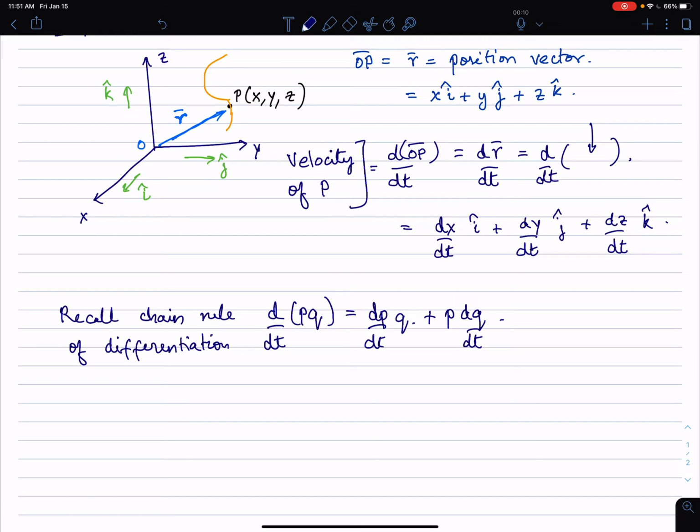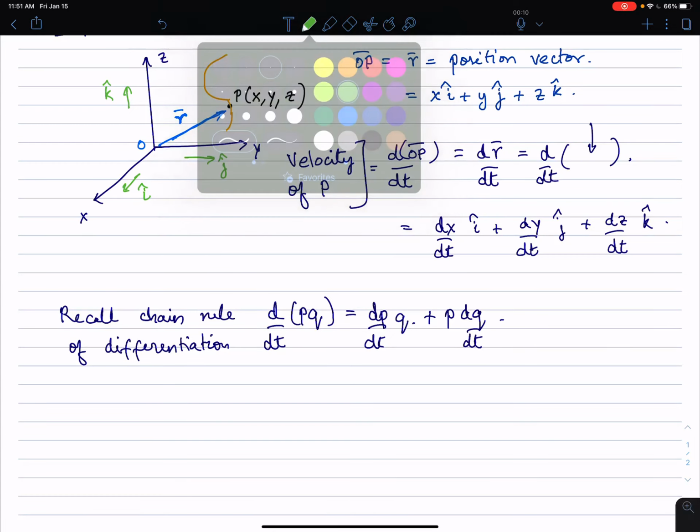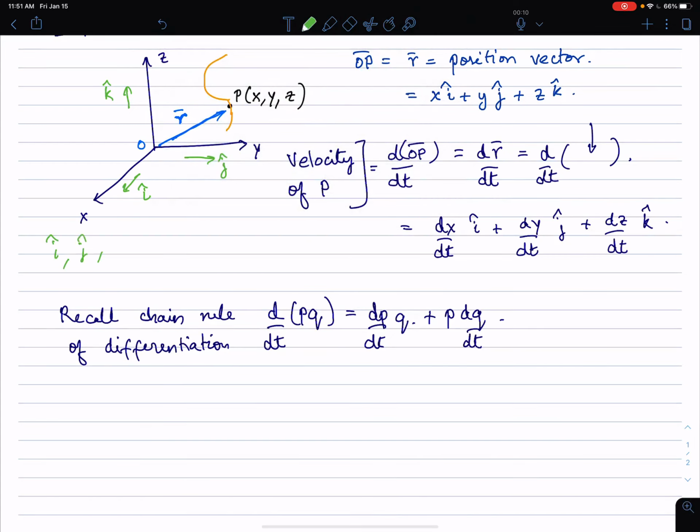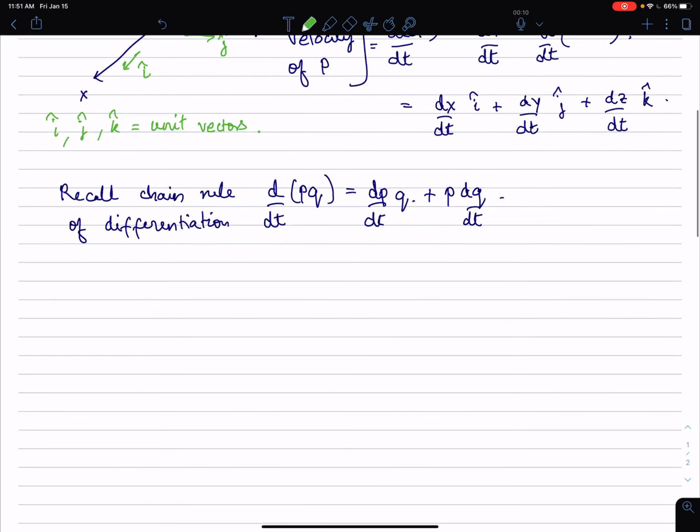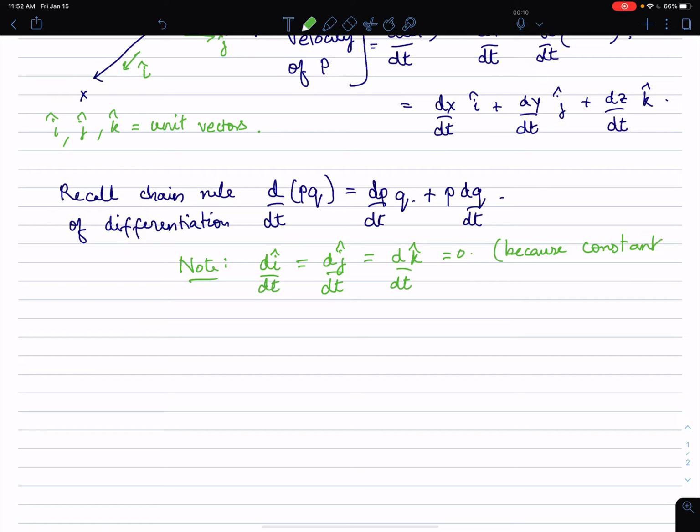Okay, so note di by dt equals dj by dt equals dk by dt equals 0, because constant vectors.